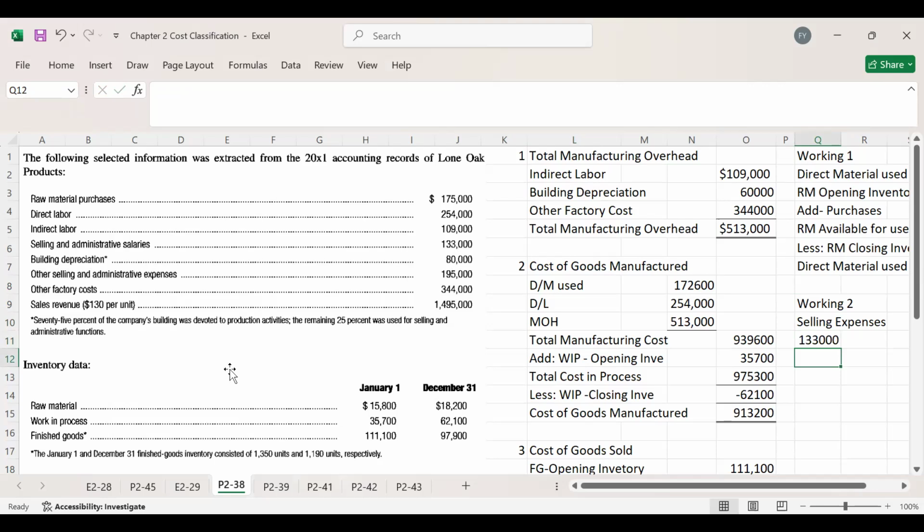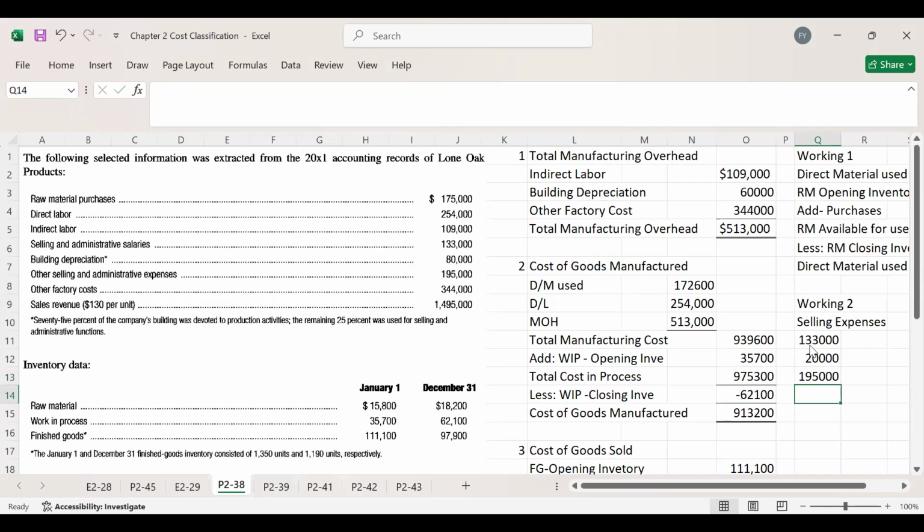We have added 75% in the MOH and 25% in the selling and admin. So total depreciation is 80,000, and we take only 25% here. So this is the depreciation. Other selling and admin expenses are also given, which is 195,000.